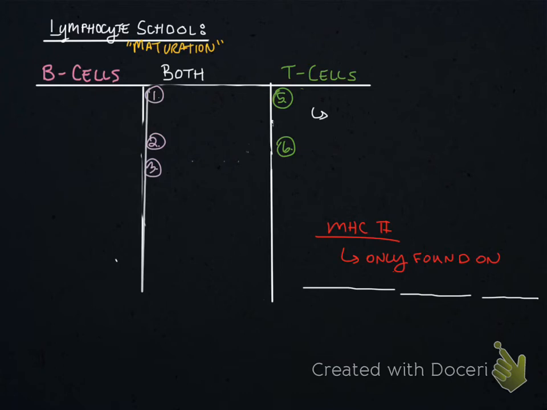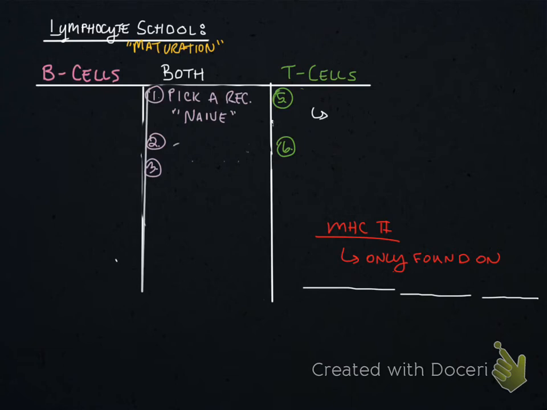So how do they mature? What is their school like? Well, first of all, they have to pick the correct receptor for their type of cell. So they have to pick a receptor. It's the first thing they have to do. They're still considered naive cells at this point. So they're not mature cells, not active cells yet.